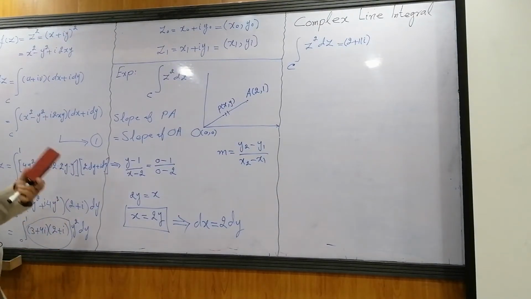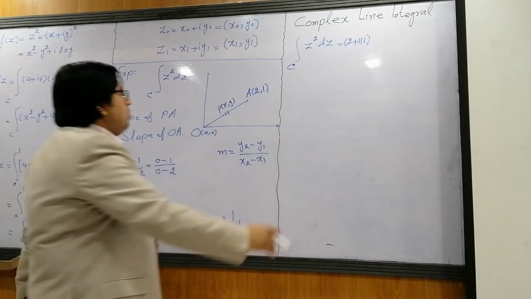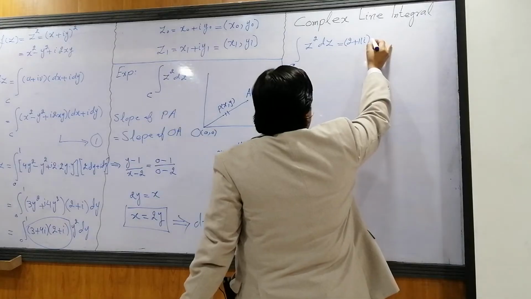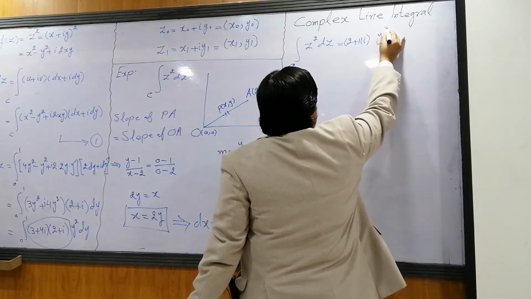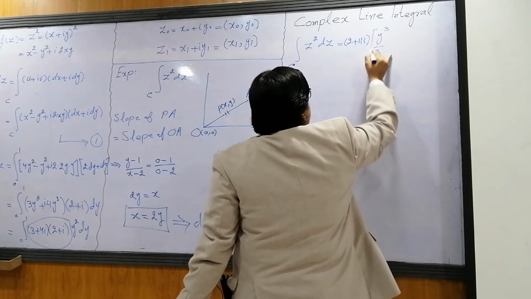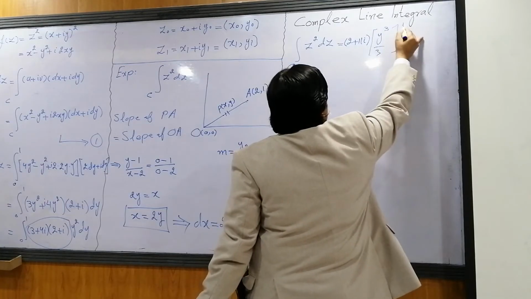Now we have to integrate y square. The integration of y square is y cube divided by 3, with limits from 0 to 1.